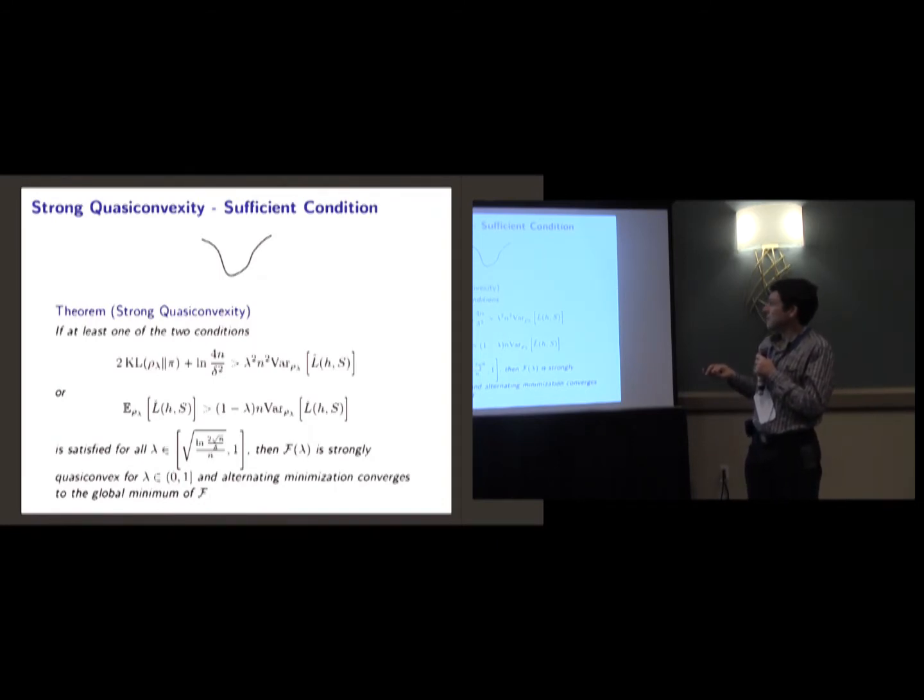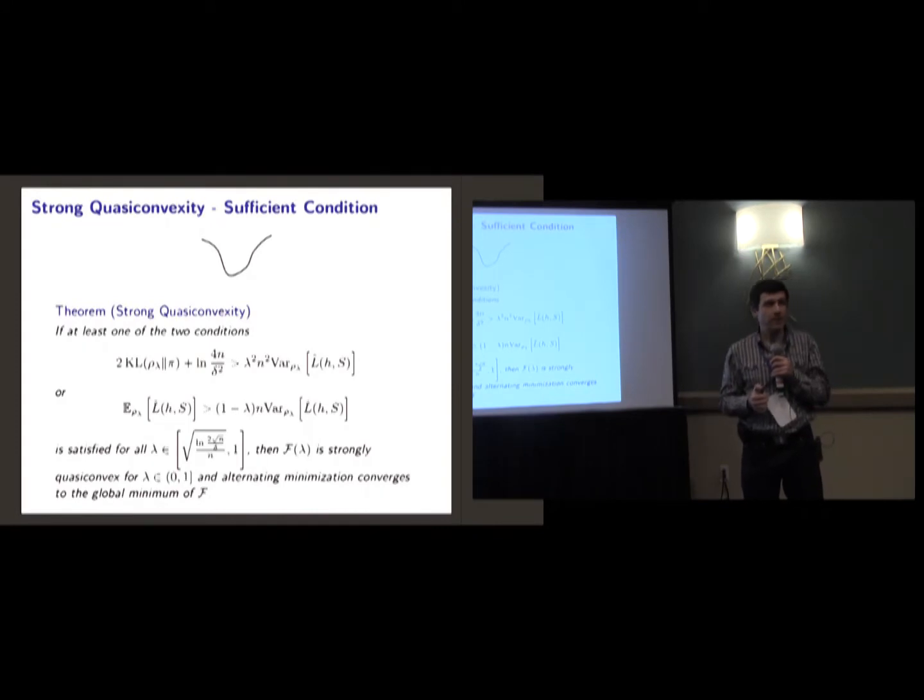The conditions are that either twice the KL plus the logarithm bounds n lambda squared times the variance, or the expectation bounds 1 minus lambda n times the variance.